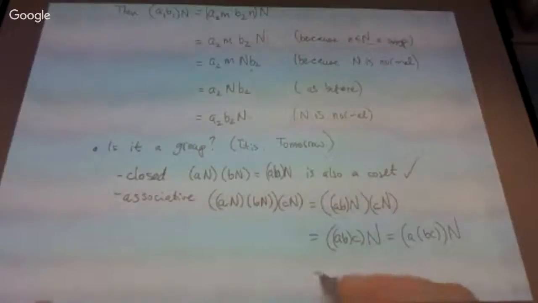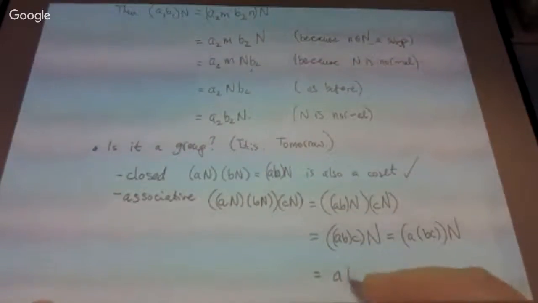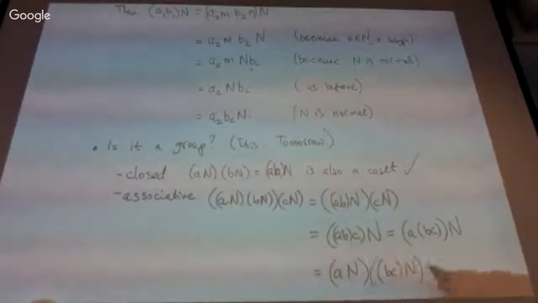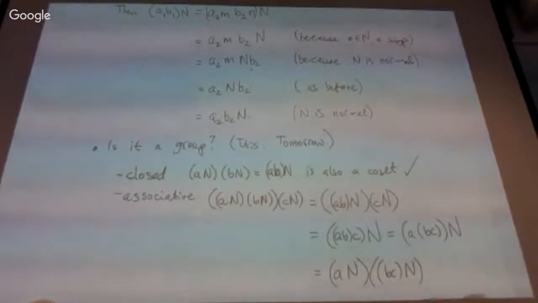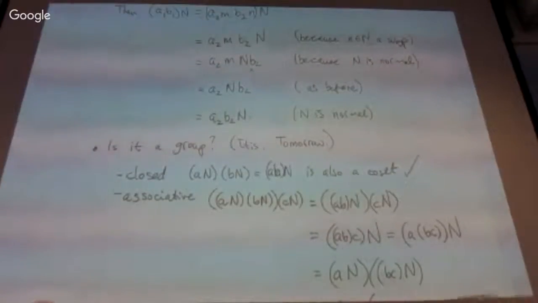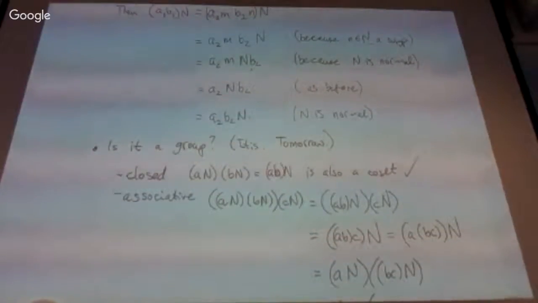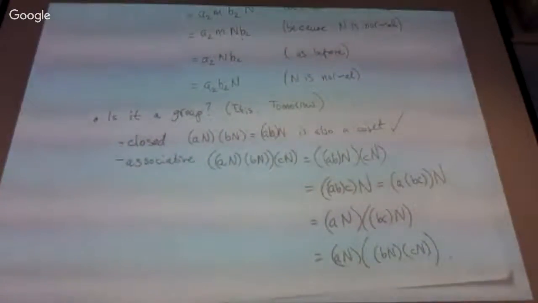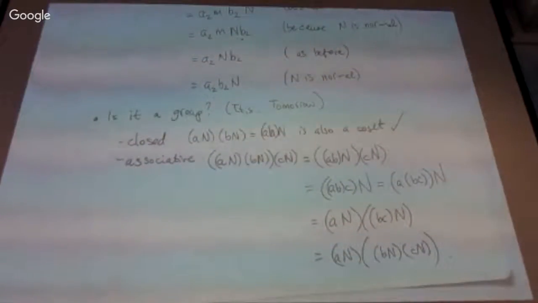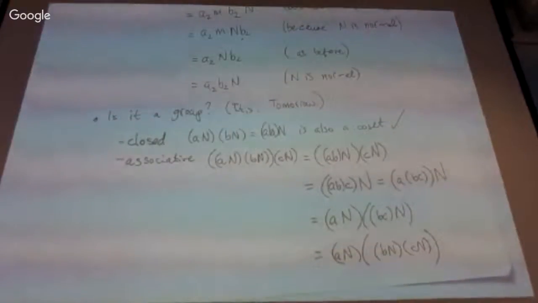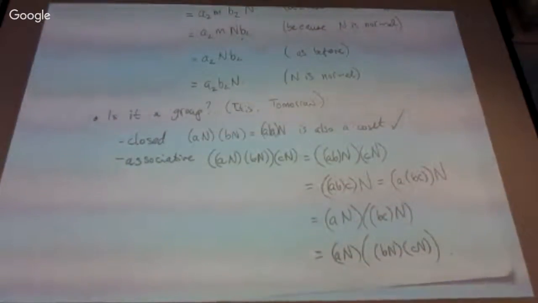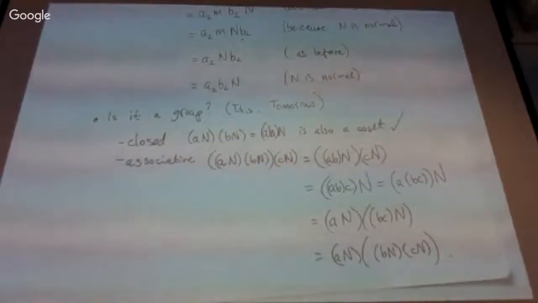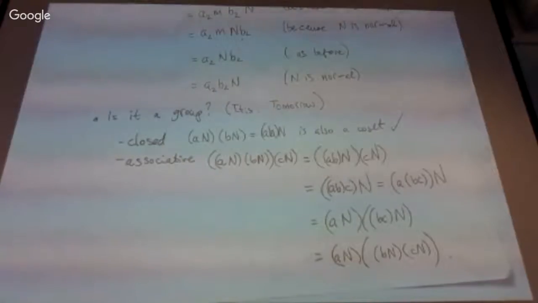And of course this is this coset times this coset, and this is this coset times this. There's really nothing hidden in there, because normally one doesn't even write the brackets since they're all the same thing. You don't need to write the brackets at all, but I've done it in all detail so you can see that it's justified.